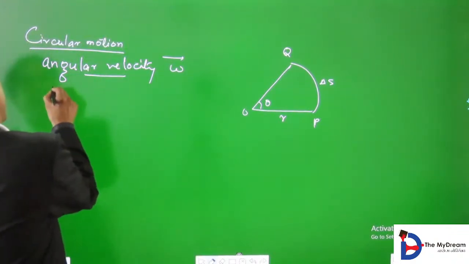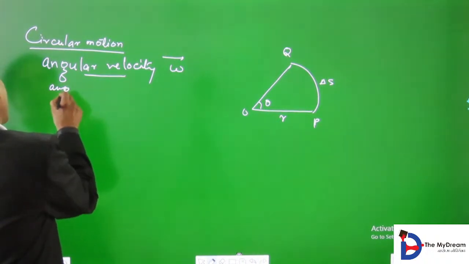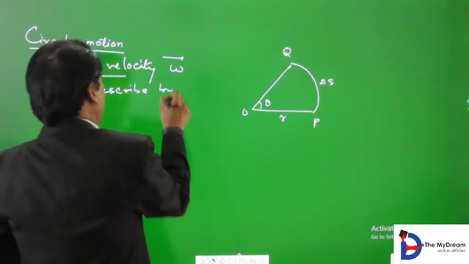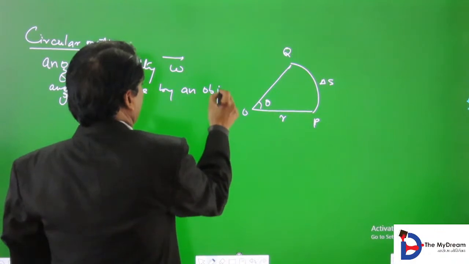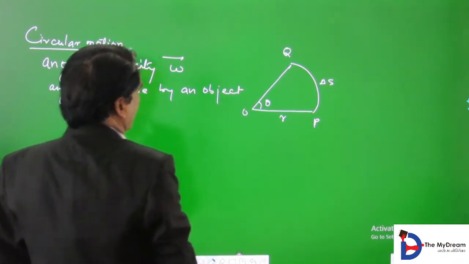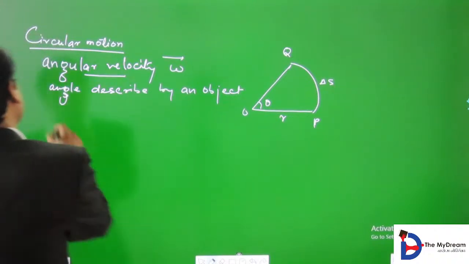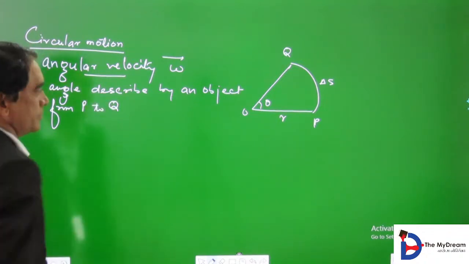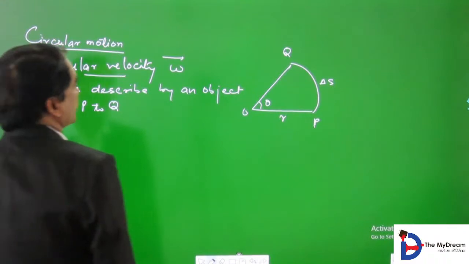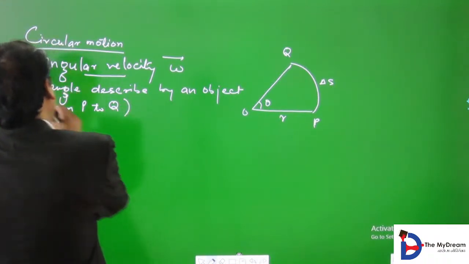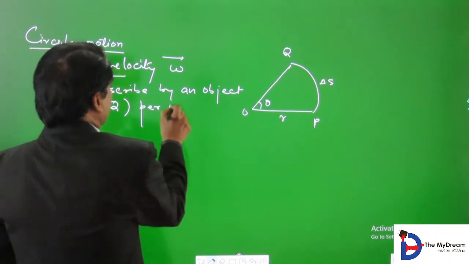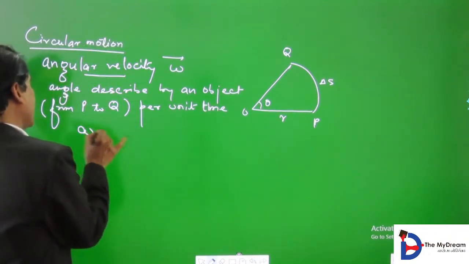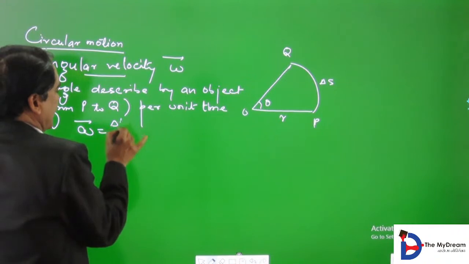So the angle described by an object from P to Q per unit time, omega is equal to delta theta by delta t.